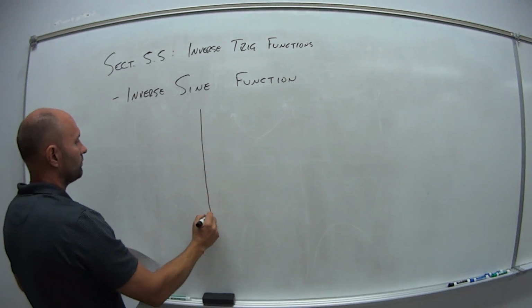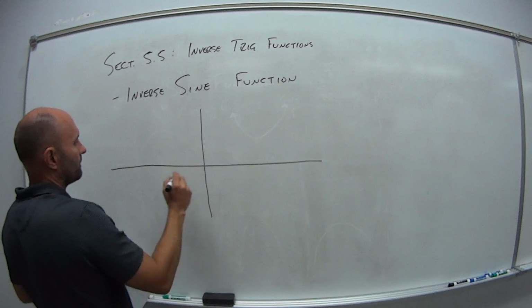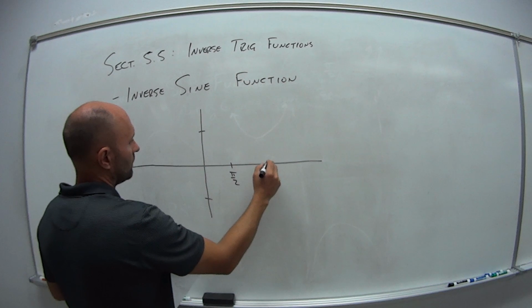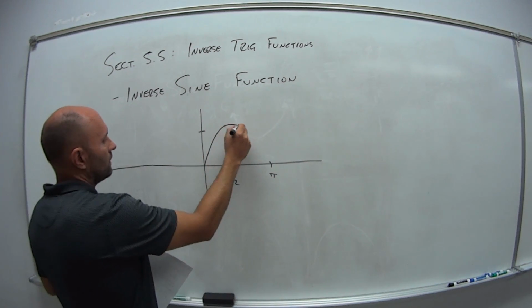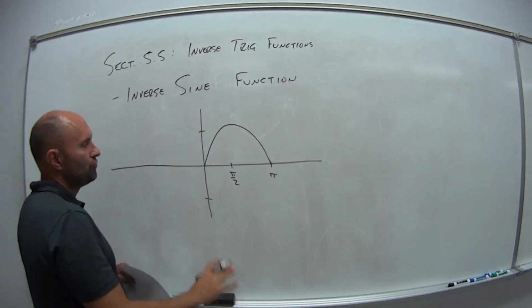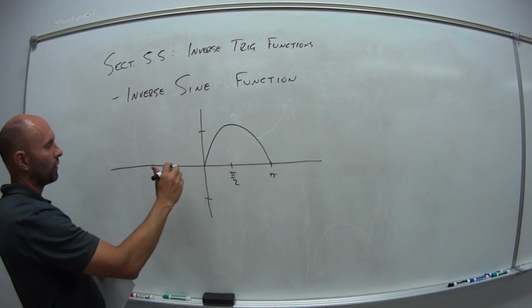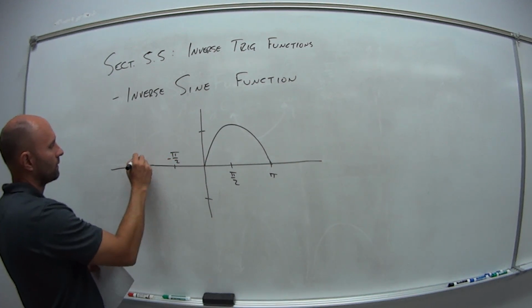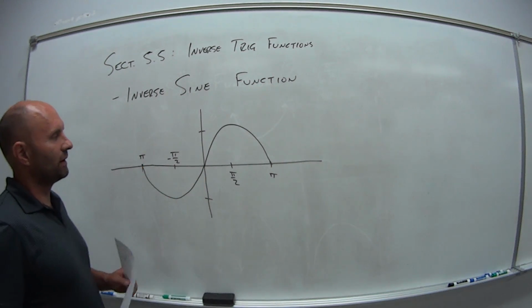So let's reproduce our sine curve. If we do just half of the period of our sine curve going to the right and go the opposite way, we get something that looks like that.